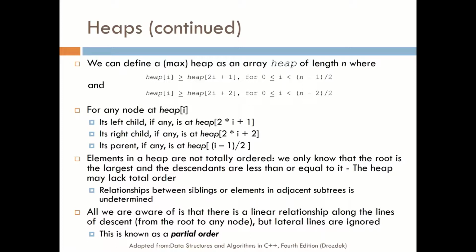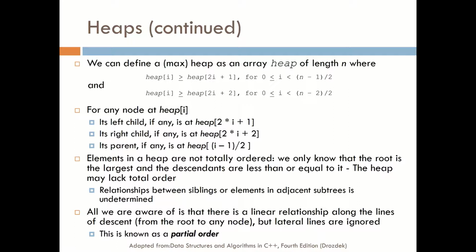Recapping this, for any node at heap I, the left child of the node is at heap 2 times I plus 1. The right child is at heap 2 times I plus 2. And the parent, if there is one, the root is the only one without a parent, is at heap of I minus 1, integer divide 2.